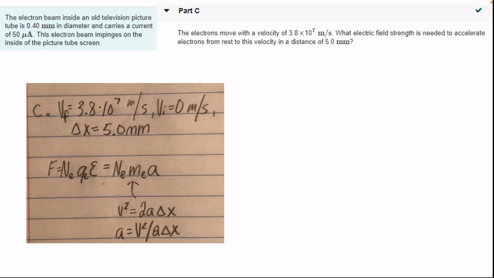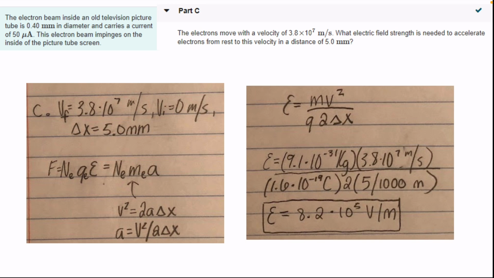So we can plug that into that equation and rearrange for E. Once you do all that, you get a final equation of E equals m v squared over q times 2 change in x. So we have all of those values. The really key thing to not mess up here is, once again, making sure that you convert your units correctly. But if you do that and plug everything in, you get a total of 8.2 times 10 to the 5th volts per meter.